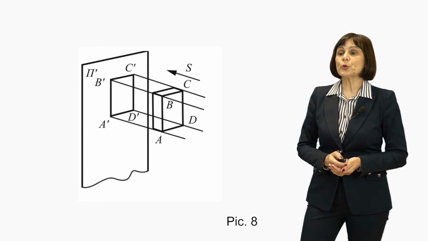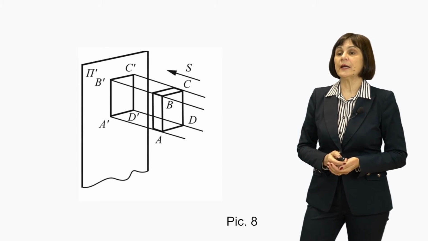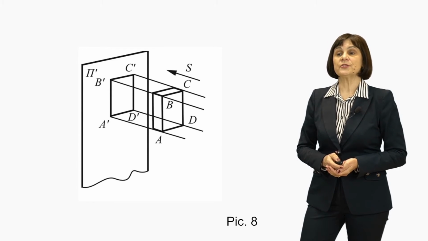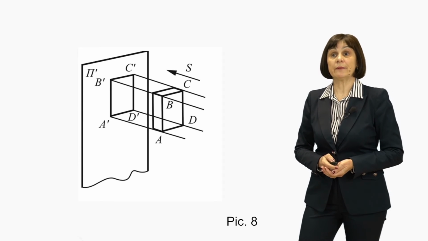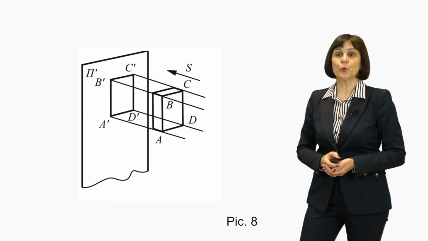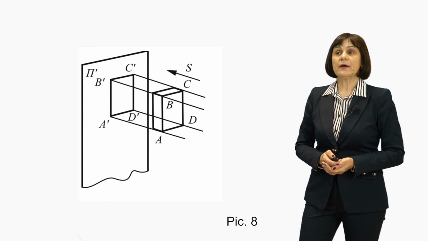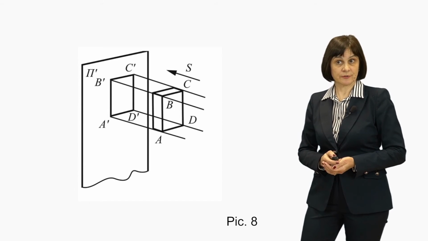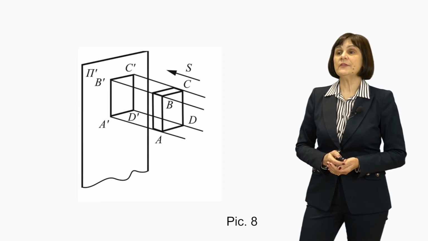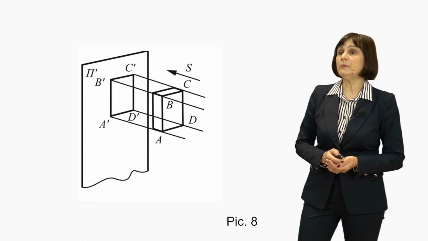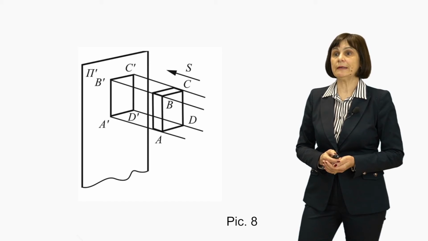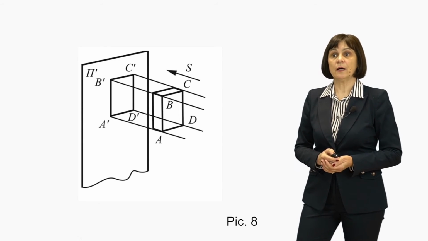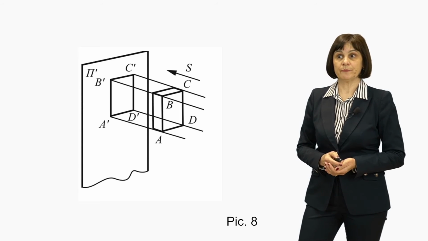If the light source is placed at a very large distance from the object, the light rays will be parallel. So, we obtain the method of perpendicular parallel projection. This method gives the minimum of distortion in the image of three-dimensional objects on a flat drawing.